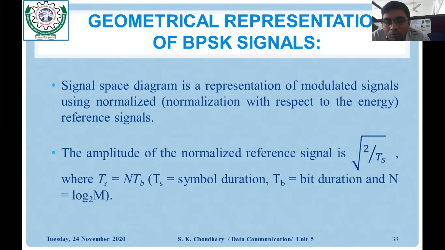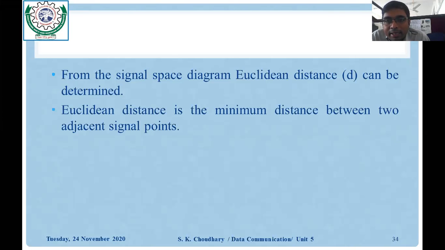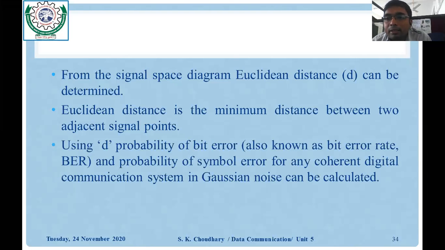By using this, we draw the signal space diagram, and in it we generally show the Euclidean distance. What is the Euclidean distance? It is the minimum distance between two adjacent signal points. What are the two adjacent signal points? One is binary 1, another is binary 0, and each signal has some energy level that is represented on the signal space diagram.